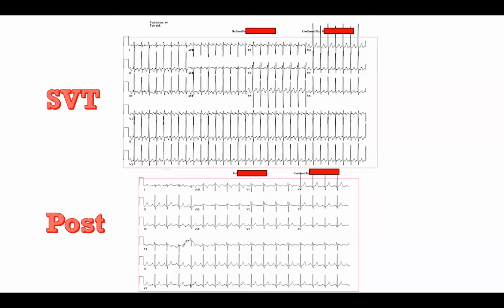So if you've got a duration of greater than 60 milliseconds between the QRS complex and the following P wave, then that characterizes a long RP tachycardia. It's actually 70 milliseconds.